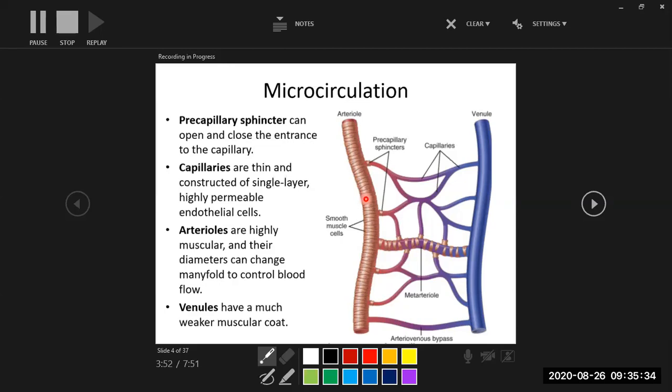Say you are moving, the motor cortex in your brain will also require more blood, and that local region will also have more blood flow going to that area.